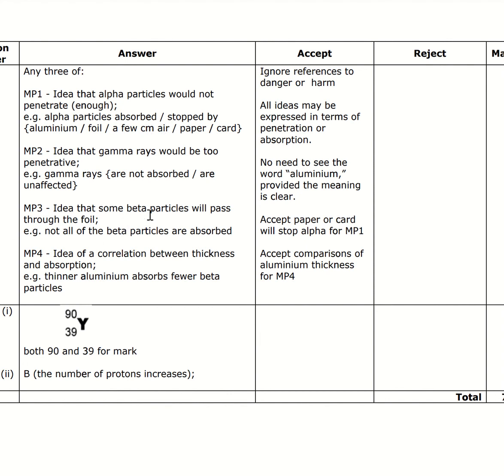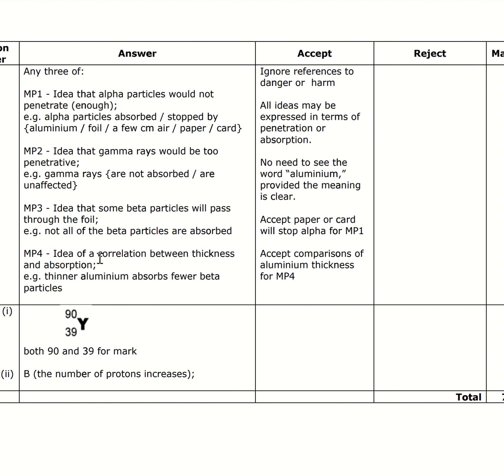The idea that some beta particles will pass through the foil, but not all of them are absorbed. There is a correlation between thickness and absorption. Thinner aluminium absorbs fewer beta particles.